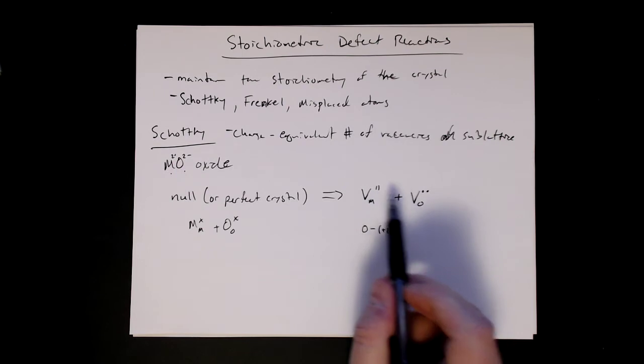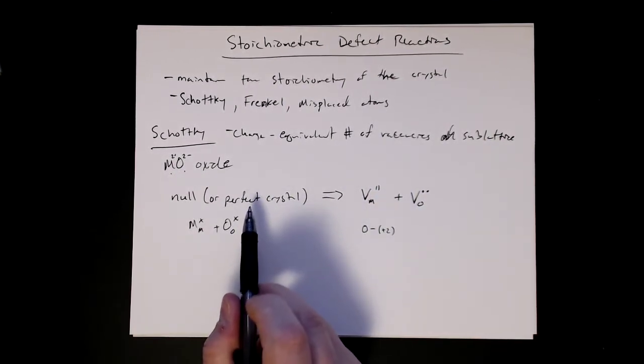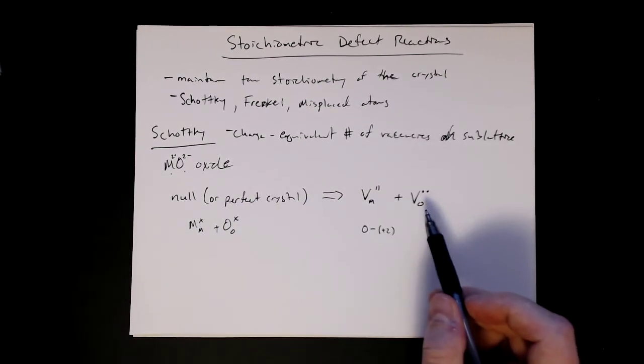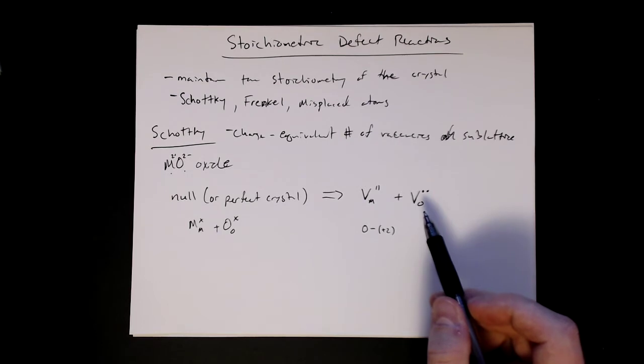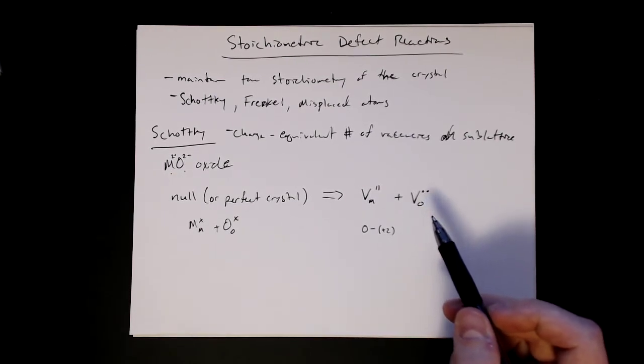So we have minus 2 charge, plus 2 charge, and so that's charge balance, because the perfect crystal would be uncharged, and then this is going to be uncharged. So that's the first thing that we want to look at. All right, so let's go through and check these 3 rules that we're talking about.